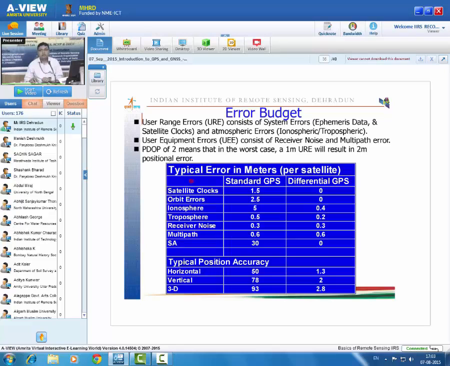The positional dilution of precision can be considered equivalent to this: if we have 1 meter of user range error, then it will result in 2 meters of positional error. It is an analogy, not an exact conversion, because PDOP, as I told you, is a dimensionless number. Then we can have differential GPS accuracies. This we will detail tomorrow.